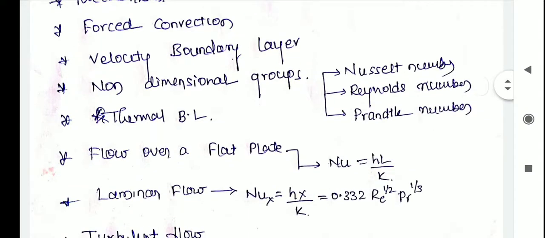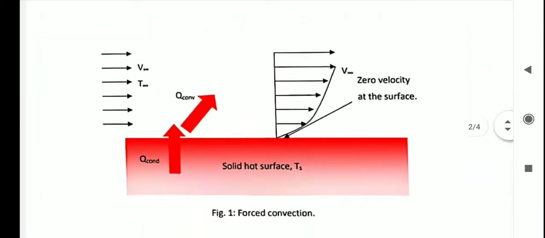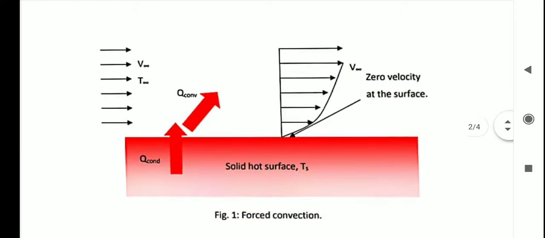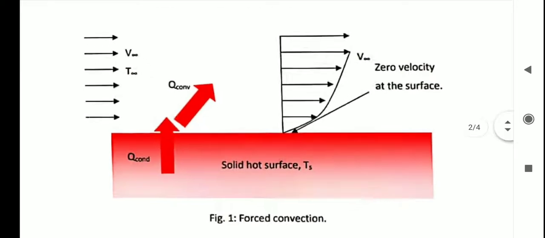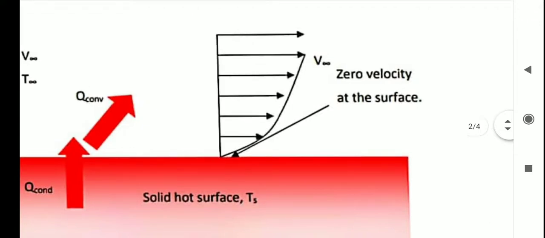So the forced convection is shown in the figure. It is assumed that the velocity of the fluid flow is 0 at the wall. This assumption is called the no slip condition.